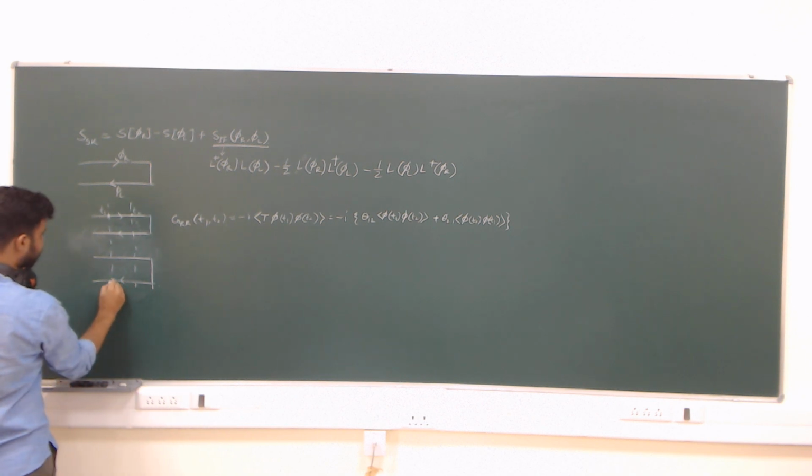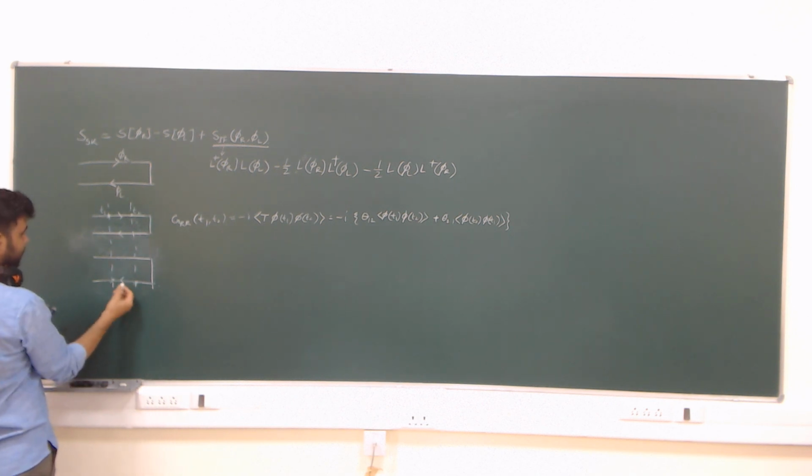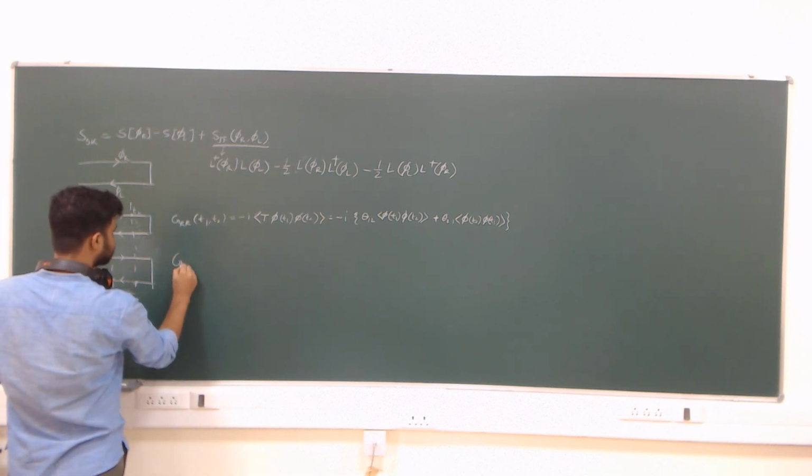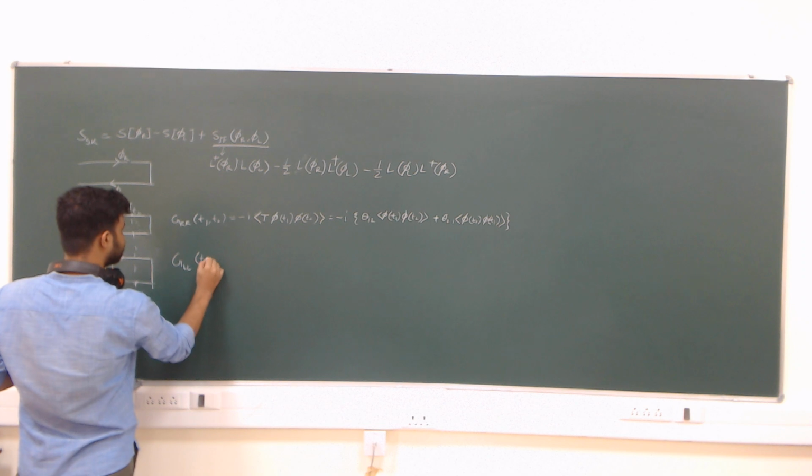In the lower branch, this will be anti-time ordered. This kind of correlator I write as G_LL.